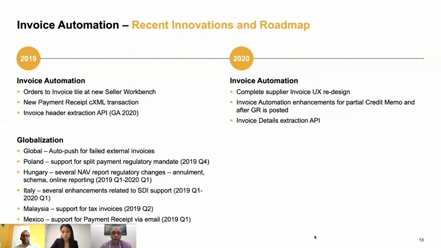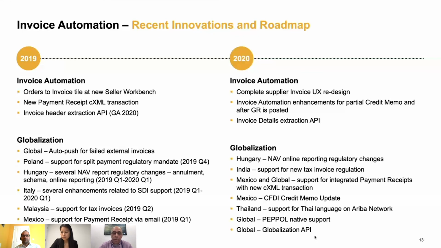In terms of globalization, Hungary continues to make changes to their regulations, and we're going to continue to support. India is expected to pass a new regulation, and whenever this becomes law and the scope is well defined, we will start understanding those changes, and we're going to address those changes in our product.